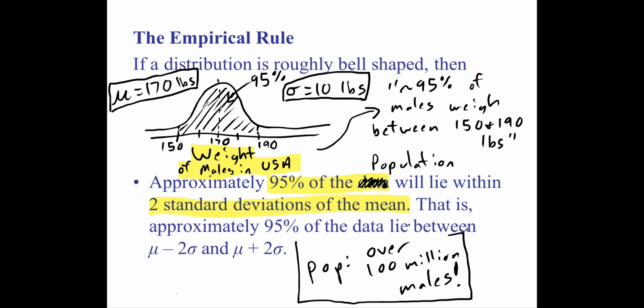But sometimes in this class, we will say, okay, assume that you do know the population mean and you do know the population standard deviation. Then if you did, what could you say about the weights of males?